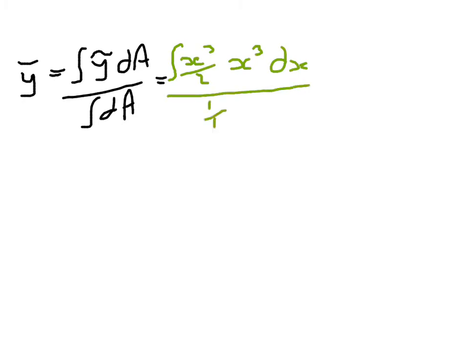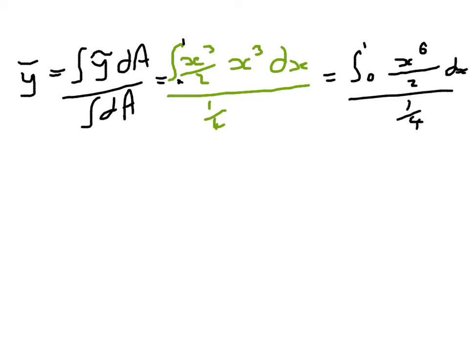That's all over a quarter. If I then start multiplying that out, that's going to be the same as the integral between 1 and 0 of x to the 6 over 2 dx over a quarter.